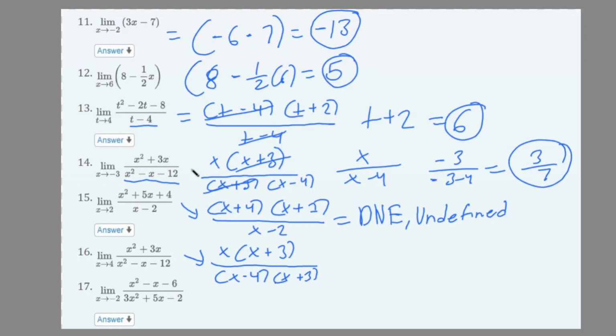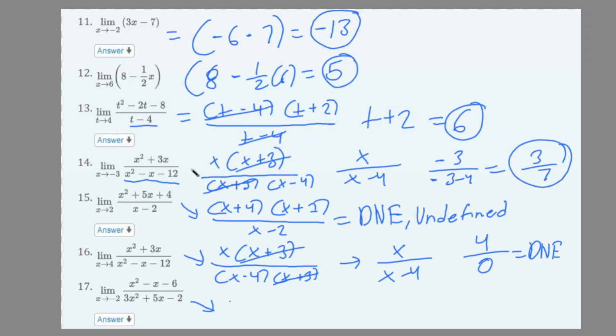So we can cross out the 3 on both sides, and we're left with x over x minus 4, just like the other question. Now the difference here is that as x goes to 4, we have to plug in 4 for x. If we plug in 4 for x, we're given 4 over 0, which does not exist because it's undefined again. Even though we factored, we couldn't get rid of that x minus 4.